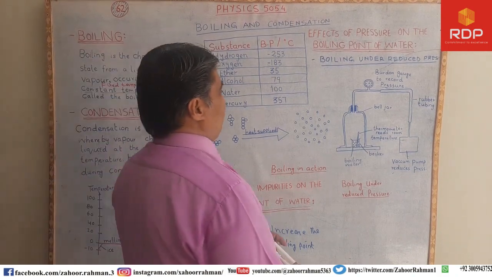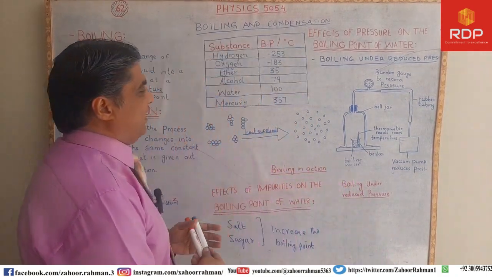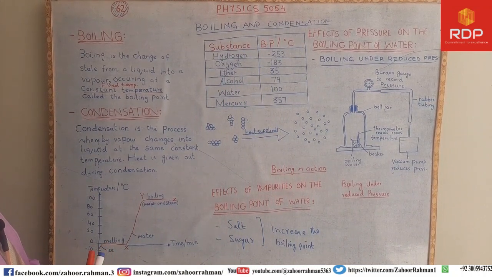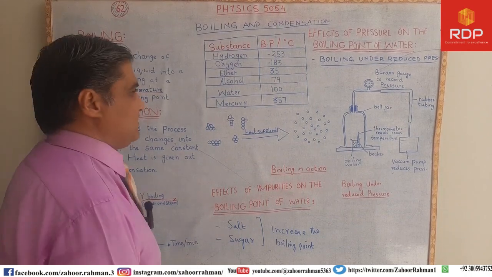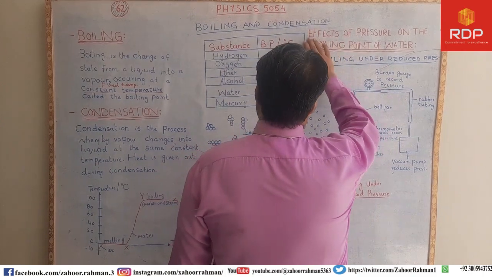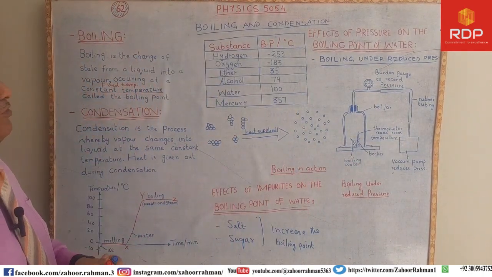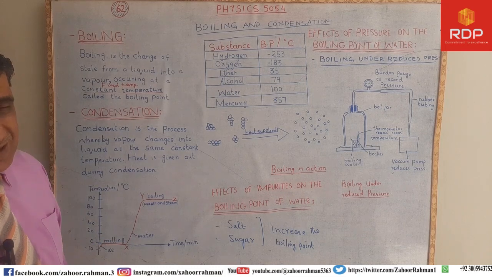Now, what are the things which can change the boiling and condensation points of a substance? So the next topic is the effects of pressure on the boiling point of water.